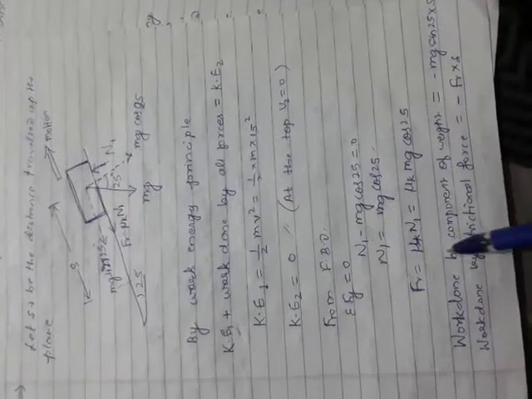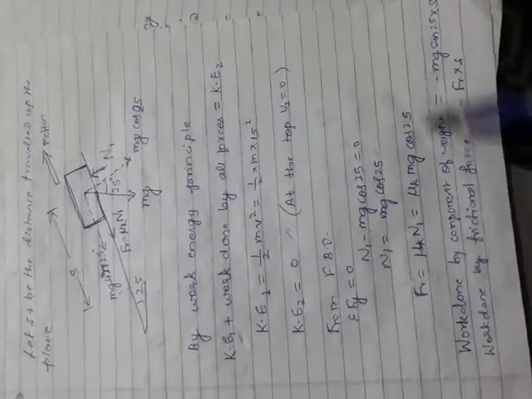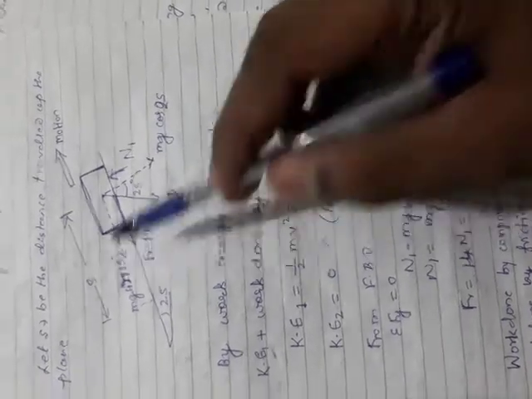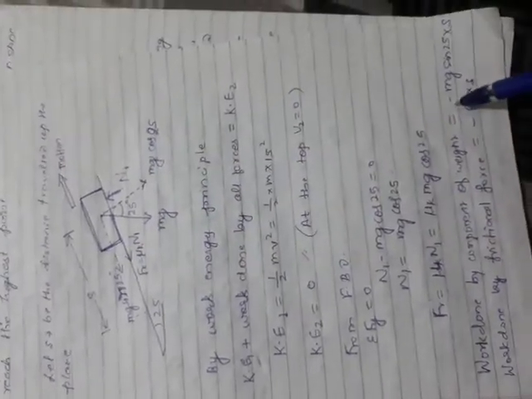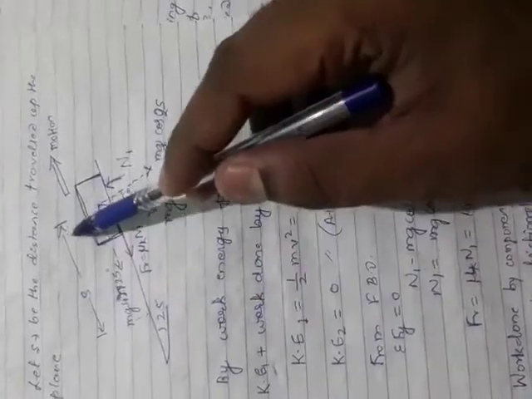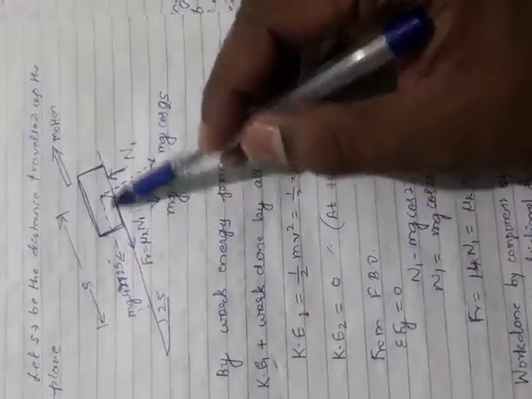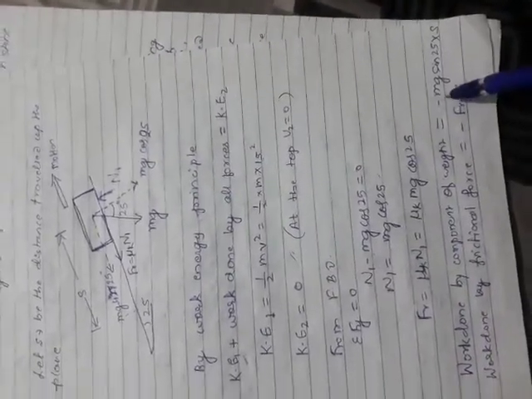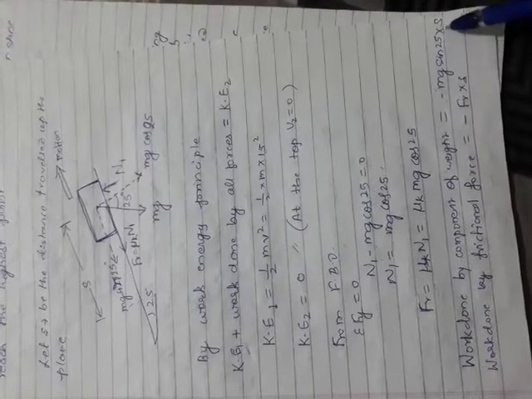The work done by the weight component is responsible for the motion, mg sin 25, but it is opposite to the motion. Motion is in this direction, so displacement is also in this direction, but this component is opposite to the motion, so I am considering it as negative. So minus mg sin 25 into displacement.